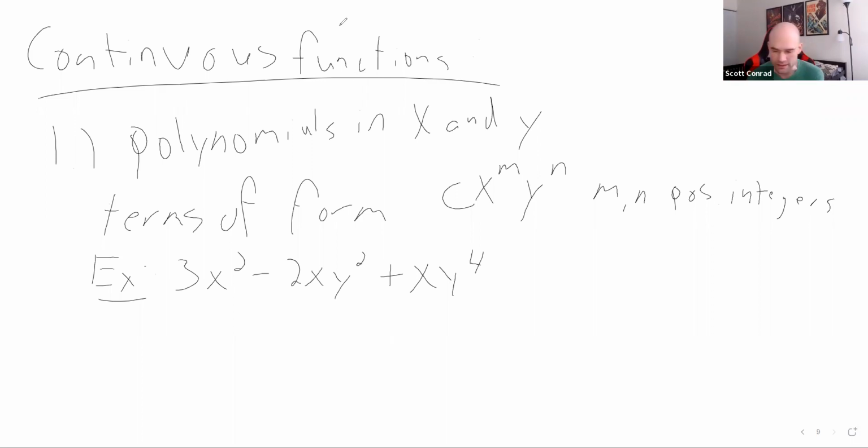So if x or y doesn't show up in one of the terms, that's fine. But as long as everything in there is raised to a positive integer power, you're good. So these are continuous everywhere. So that's great. You see a polynomial, you know it's continuous. You can evaluate the limit. We'll look at how we do this in a second.